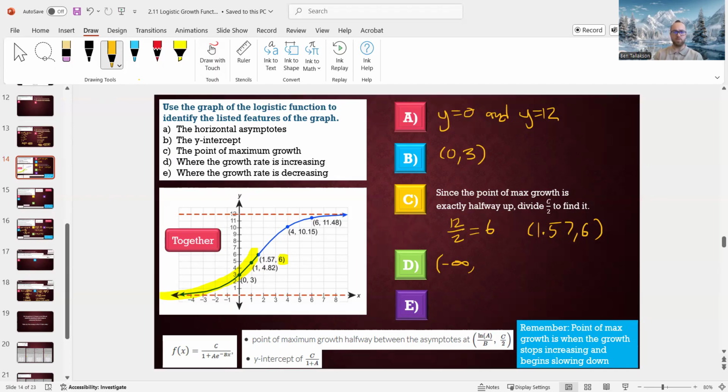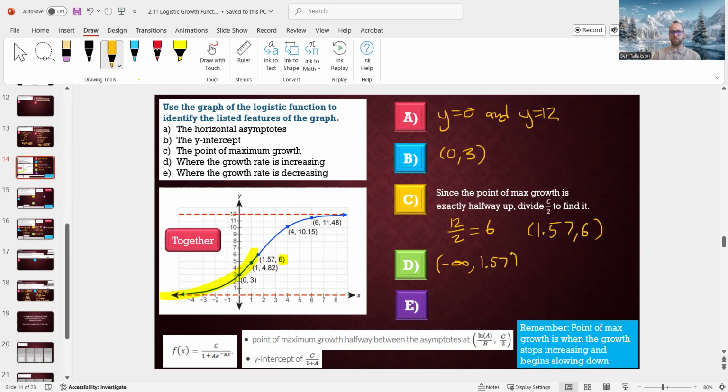And it goes all the way right until the x value of what? 1.57. Is that point included? Absolutely. But actually, it's an interesting point. It's actually a neutral point because it's the exact moment where you transition from growth to decline.